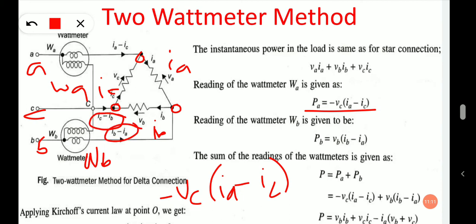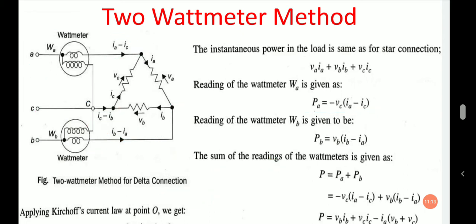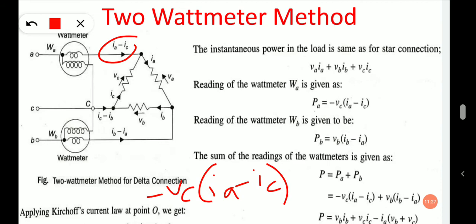For a particular phase, the total current flowing through that phase is given. So for PA it is minus VC times (IA minus IC). Then the reading of wattmeter WB, that is PB equals VB times (IB minus IA).